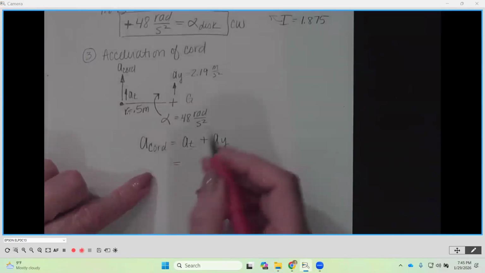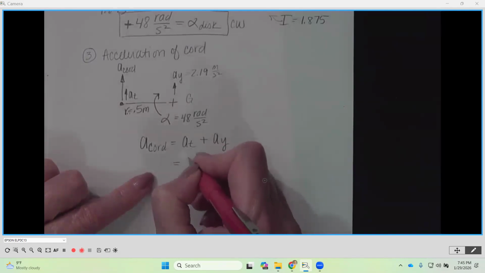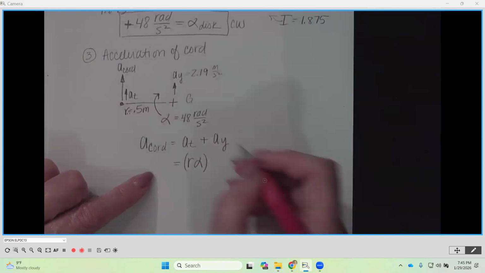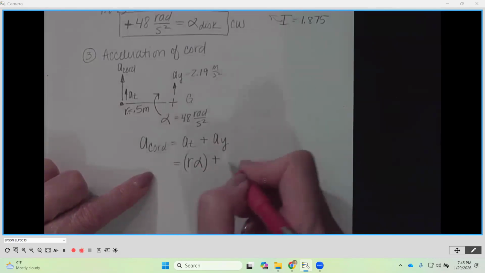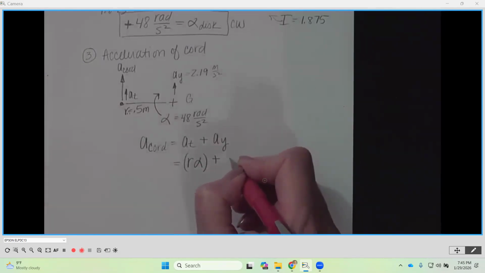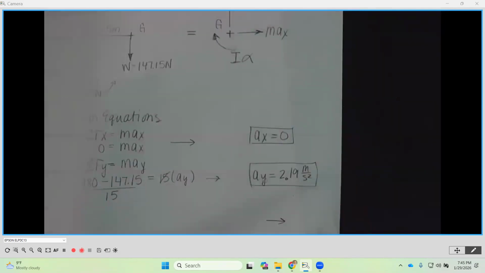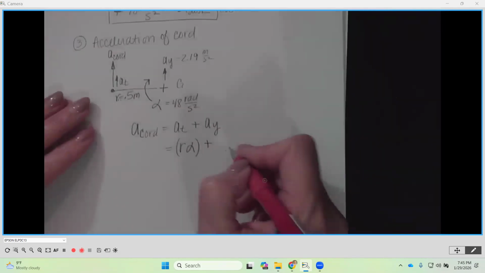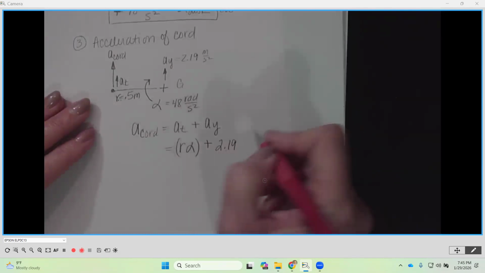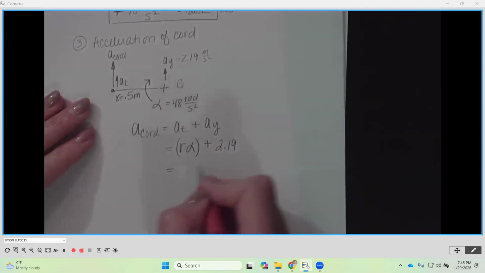So our tangential is going to be equal to the radius times the angular acceleration plus, what was that value? 2.19. Okay, so I'll put these values in.